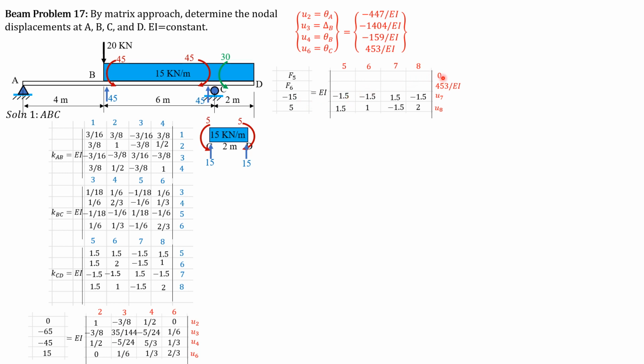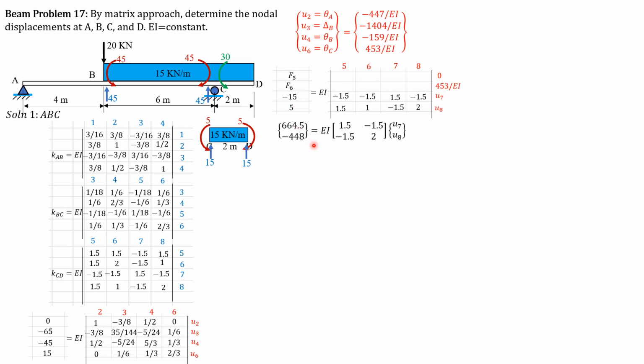negative 1.5 times 0 is 0. Negative 1.5 times 453 is negative. So if you transpose this product, negative 1.5 times 453, it is negative 15 plus 1.5 times 453. Likewise, 5 equals 1.5 times 0 is 0. So this is 5 minus 1 times 453.